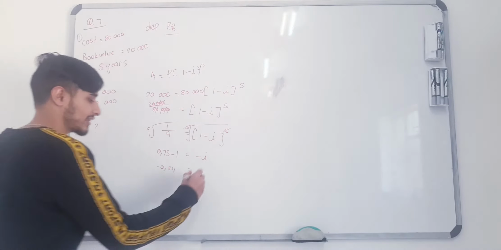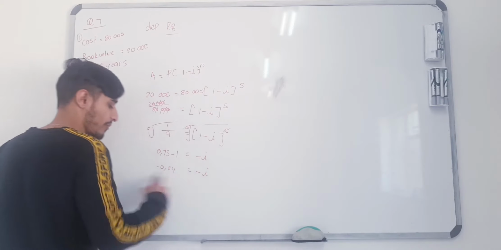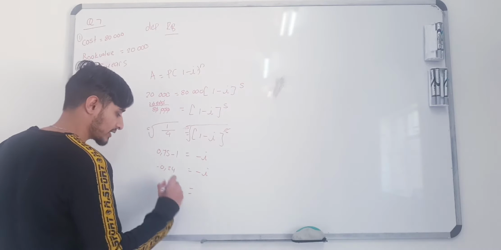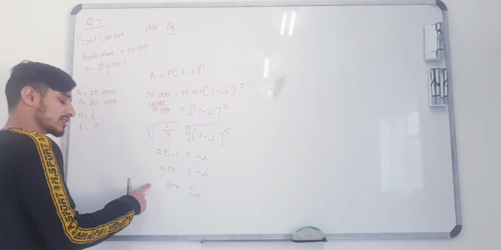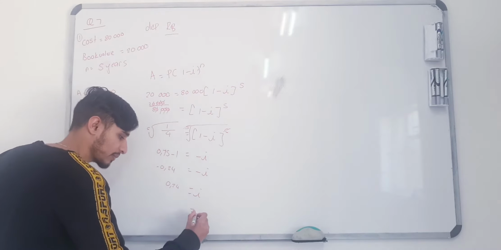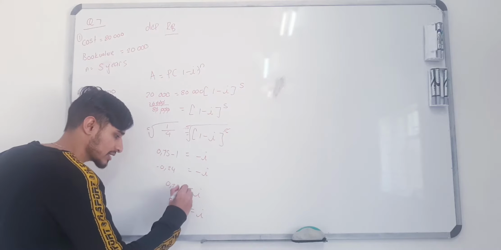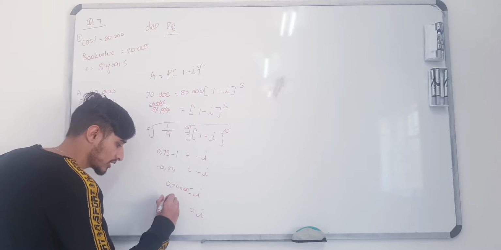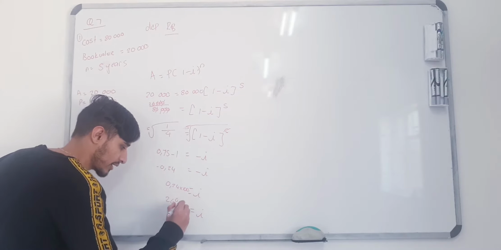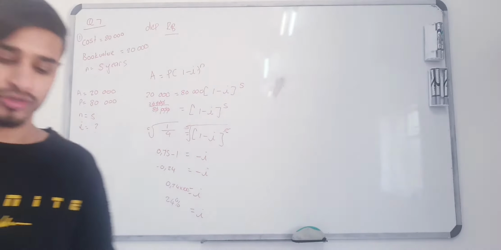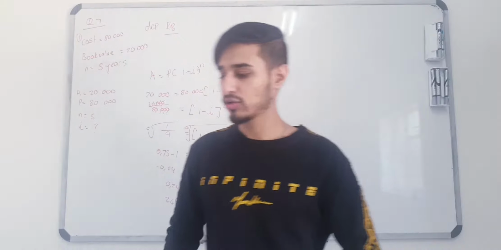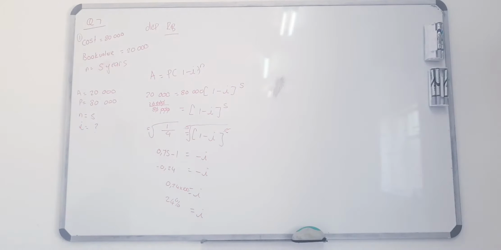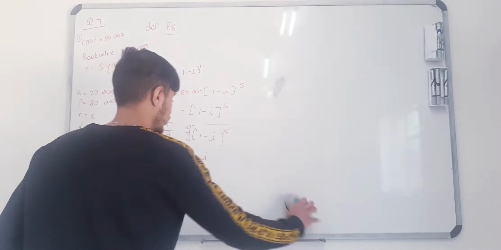Let's just leave it like that, that's negative I. Multiply both sides by a negative, so it gives you 0.24, and that's I. But you need to multiply by 100 to get your final answer, so it gives you 24%. Lovely. So that's basically how you calculate the rate of depreciation when they ask you for it. Perfect. Let's head on to another question.